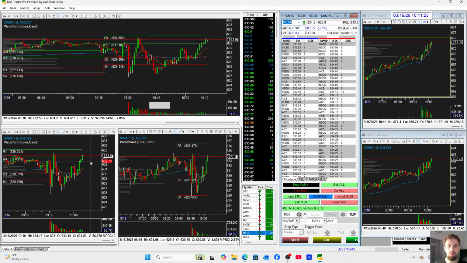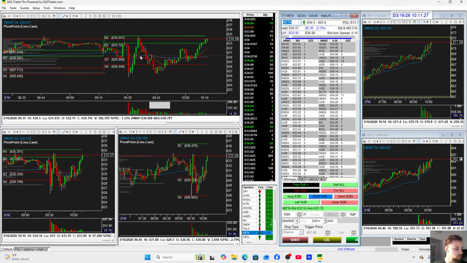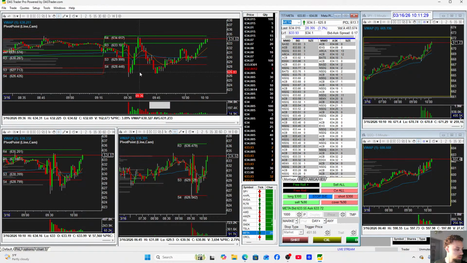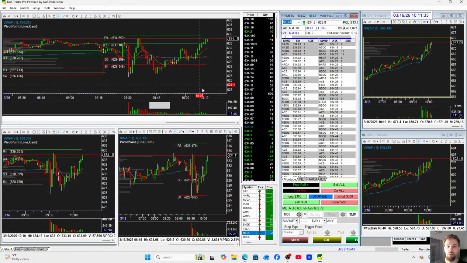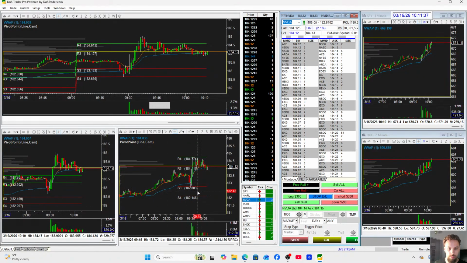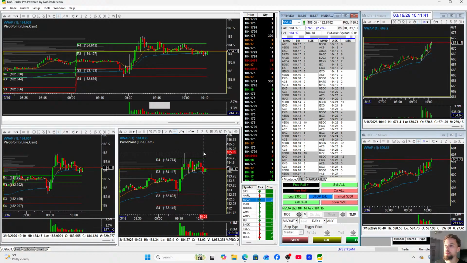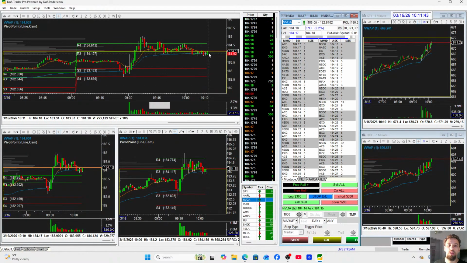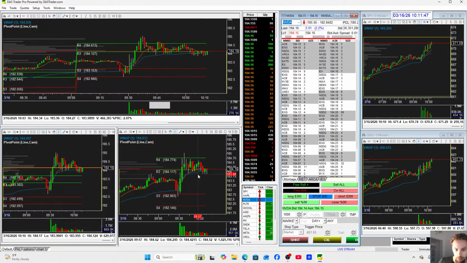Meta looking to leave 633. You can see it's been in this range right here. Nvidia here. VWAP's lined up with the box, or near the box.